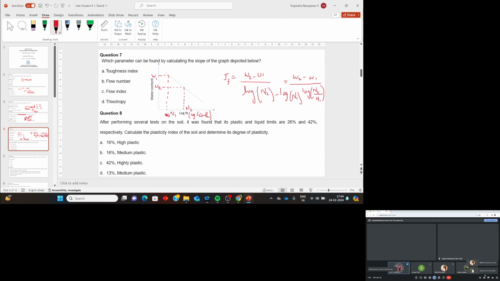No, actually, flow index is just a magnitude. So we only need to worry about the magnitude of the slope. We will solve the problem, and that time you will be clearer. The slope is calculated as this. It is a simple calculation of the slope of a straight line. So it is the flow index.